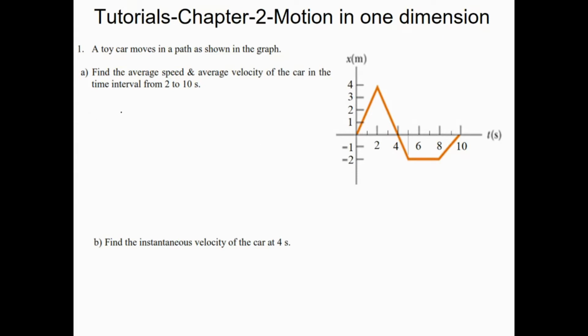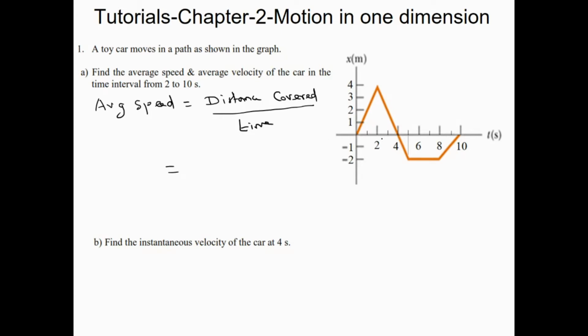And we have to apply the rule, and we already studied the average speed formula. What's the formula for the average speed? The average speed is equal to distance covered over time. Now we have to find the distance.